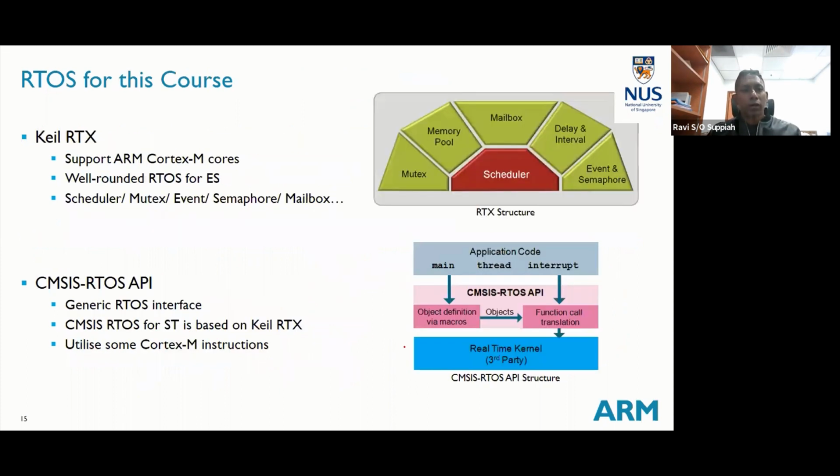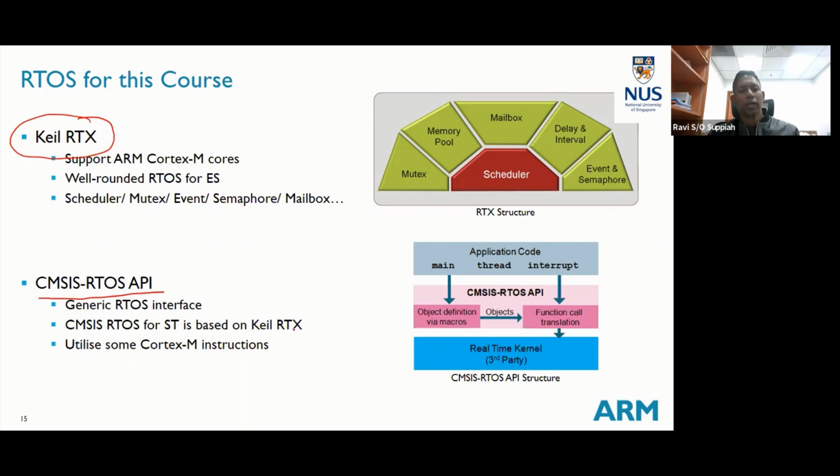So for this course, we are going to be looking at the KL RTX. This is the RTX RTOS that we are going to be using. It has a well-established support for the Cortex-M cores, and it's a well-rounded RTOS. In terms of the code, there is also another application layer called the CMSIS RTOS API.